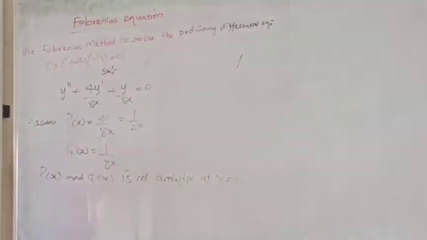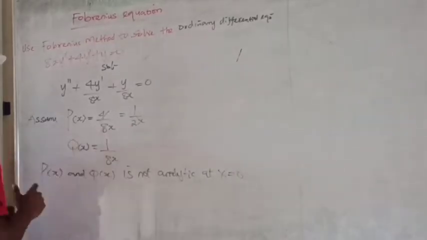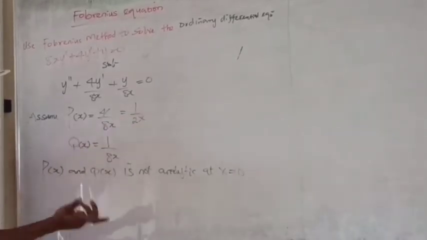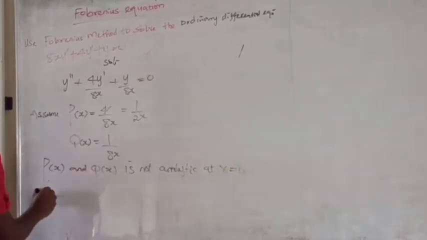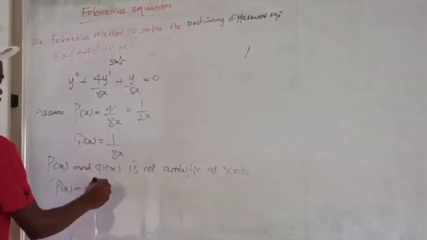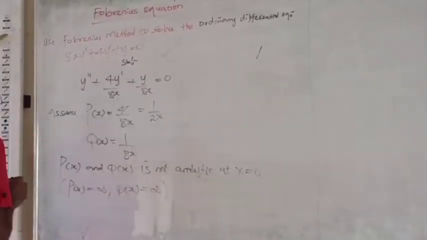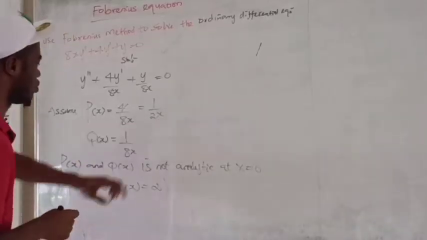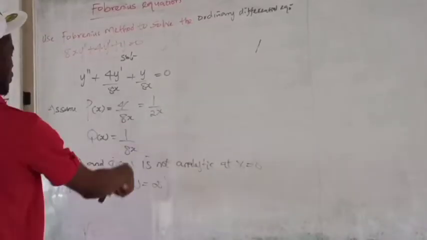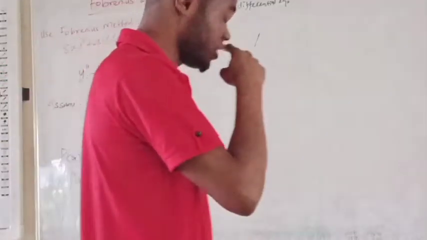When x is equal to 0, the Q of x and the P of x turn to infinity. So P of x is equal to infinity and Q of x is equal to infinity. If you put 0 into this equation, you see that both P of x and Q of x are equal to infinity.